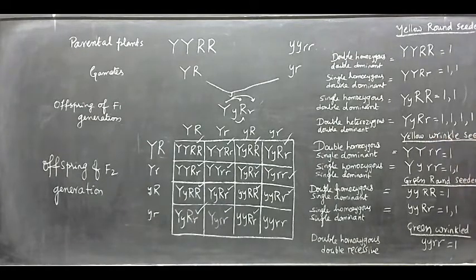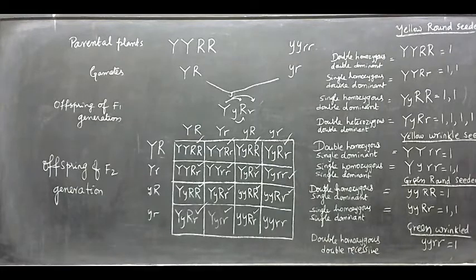And yellow wrinkled seeded 1, 2, 3. It is 3 out of 16. Then green round seeded 1, 2, 3. It is also 3 out of 16. And green wrinkled seeded, it is 1 out of 16.